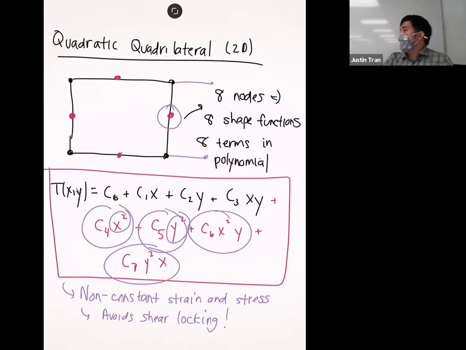Right. And so if you remember, we talked about shear locking a little bit briefly from before, but shear locking is the phenomenon that can happen when you do structural finite elements with linear elements. And that's a phenomenon where the stress in your element tends to be constant. And so when you have a constant stress element, then you end up with deformations that are much lower than what they actually are. Okay.